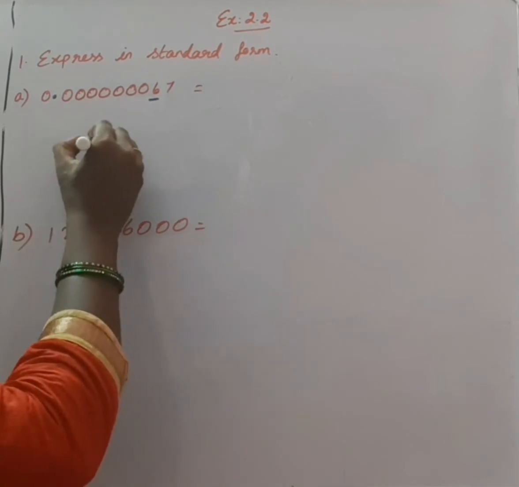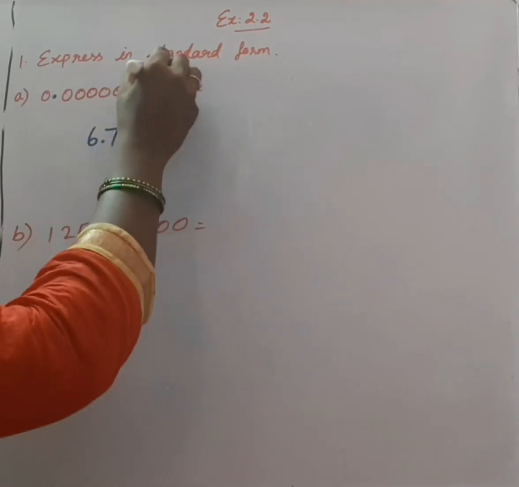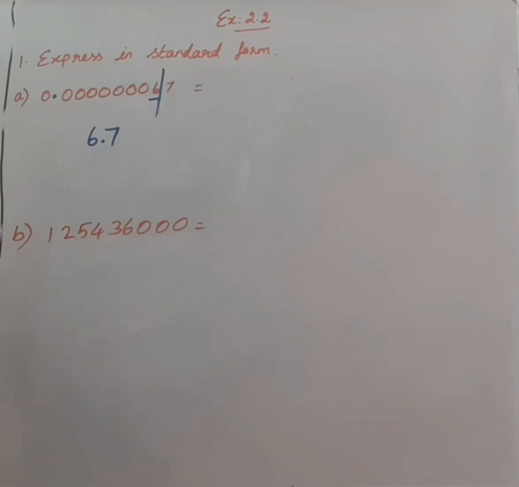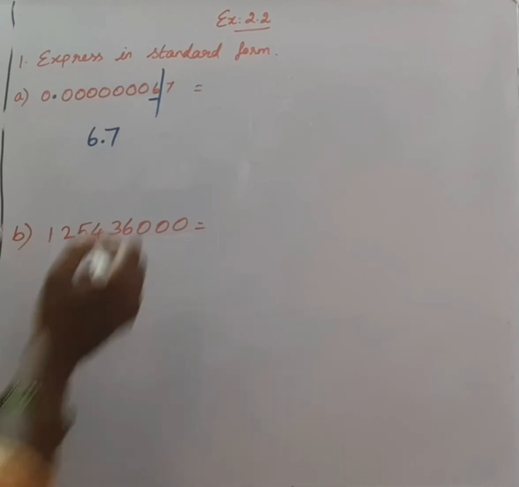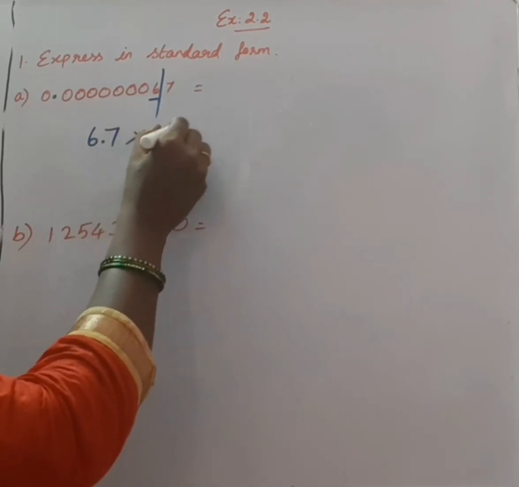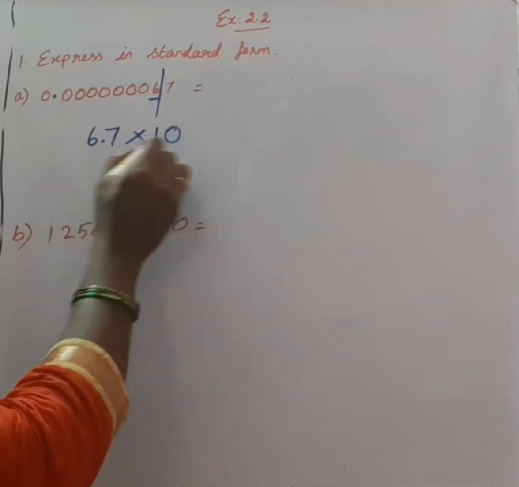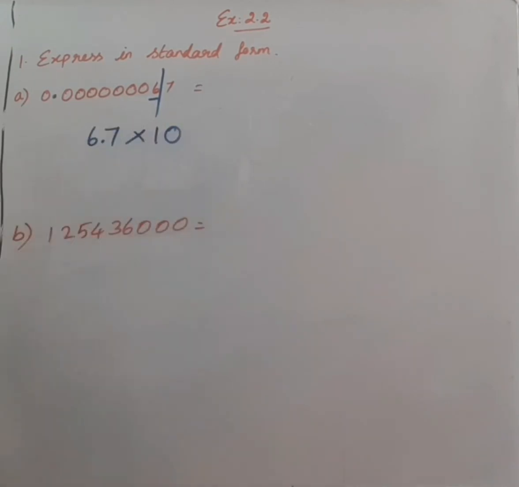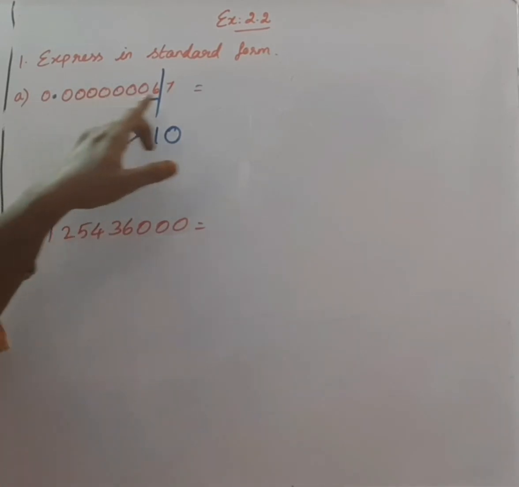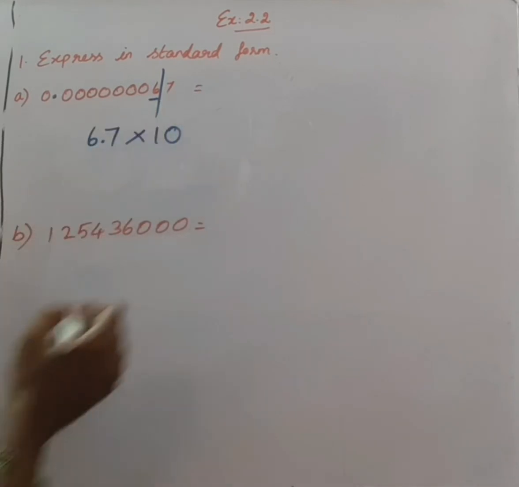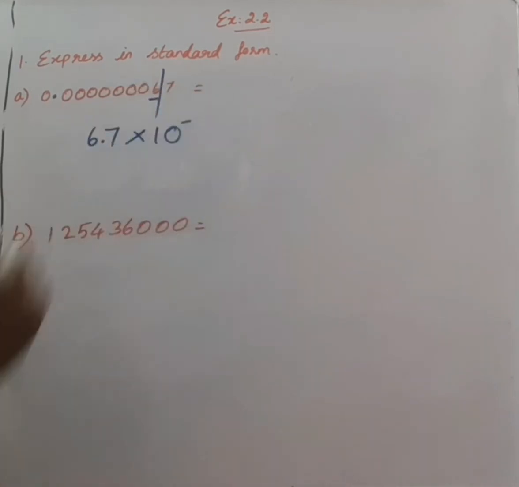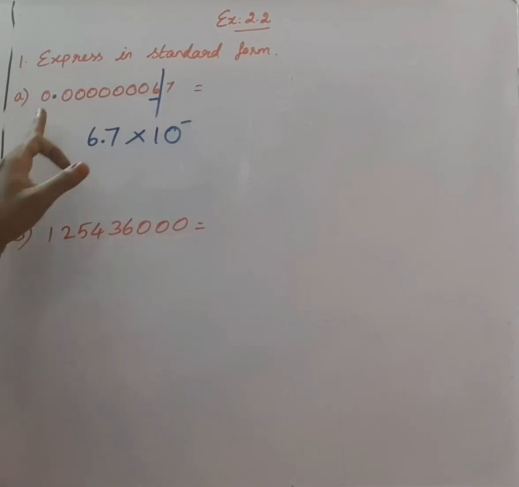So 6.7. We want to split this 6 and 7. Okay. So 6.7, the point will come there, into 10. This is a standard form: a number into 10 power. Here in the power, if we have taken from the decimal place, the power must be negative. Is this a decimal place or integral place?